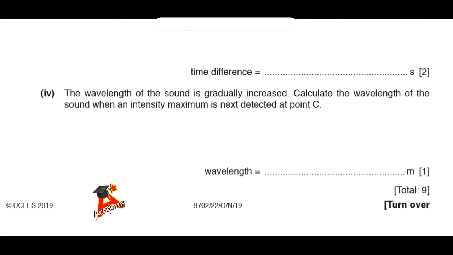The next part of the question says the wavelength of the sound is gradually increased. Calculate the wavelength of the sound when an intensity maximum is next detected at C. Alright, so if the wavelength is being increased, the next time that we will have constructive interference at C is when we have 3 lambda equal to 6.4 meters.